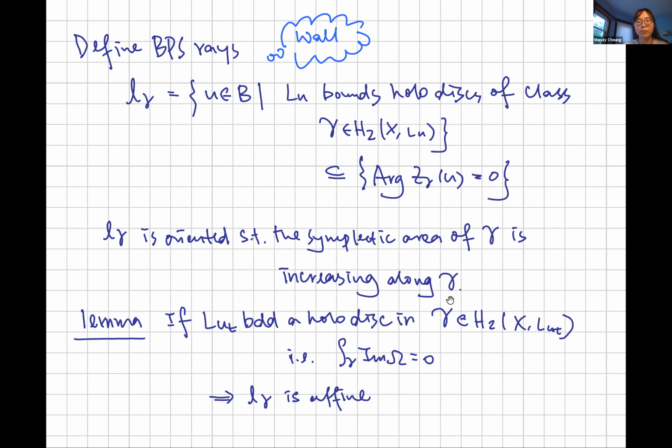He had this base B, and then he drew this holomorphic disk there. That is the picture Mark drew at the very beginning of his talk.